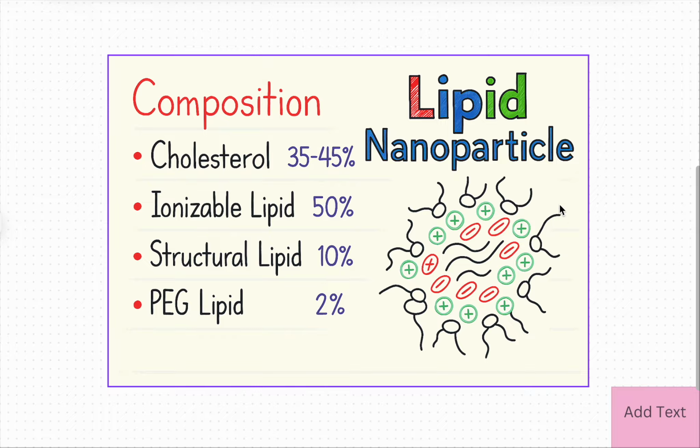So this is what gives its fundamental property. The ionizable lipid gets positively charged at low pH, and that pulls all the negatively charged mRNAs or nucleic acids inside it, where the ionizable lipids are outside.